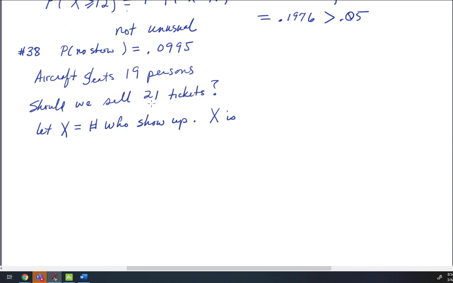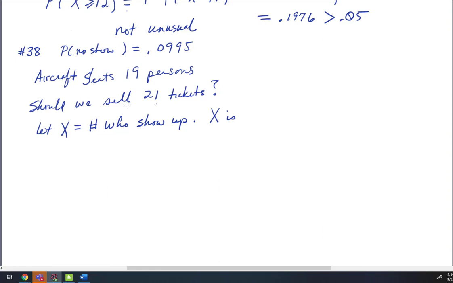We sold 21 tickets, and so we're talking about the behavior of 21 different people, and they make a decision whether to show up or not. And so X would be calculated from 21 trials. Are they independent? Maybe not exactly. Why? Because some of these 21 people are going to be husband and wife. And if one doesn't show, then more than likely the other won't show.